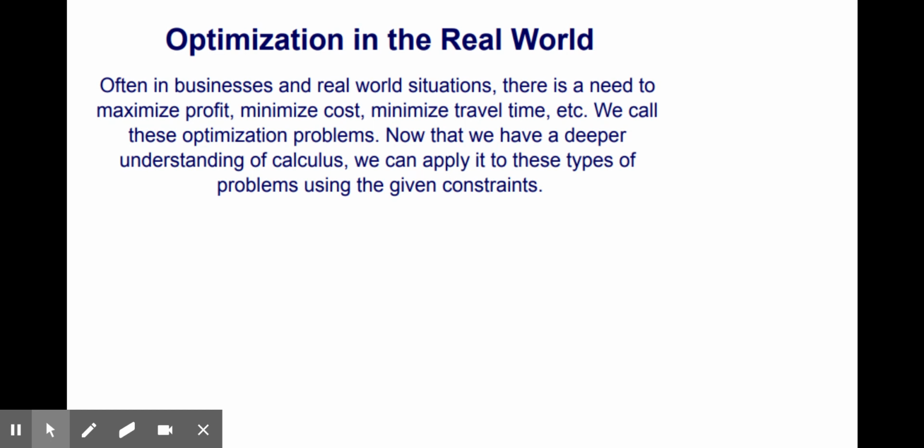It saves him money. The less aluminum or tin, whatever he uses, the less money it's going to cost him, the more profit for him. That's what optimization is all about. This is the very basic building blocks of that.